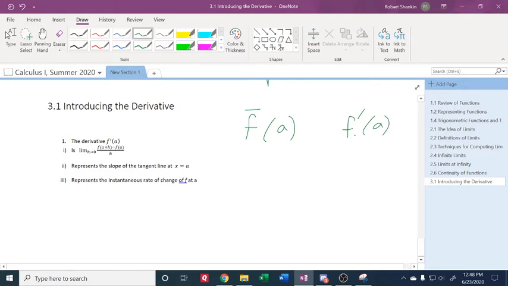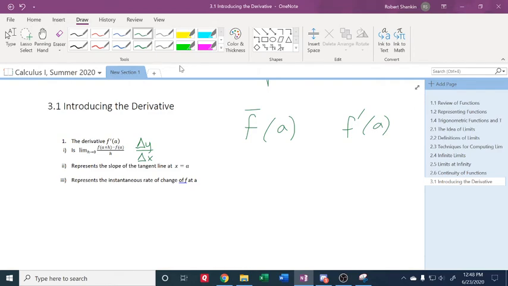And what does the derivative mean? Well, it's complex. This is how you get it. It's the limit. Now remember, the top is the change in y. The bottom is the change in x.